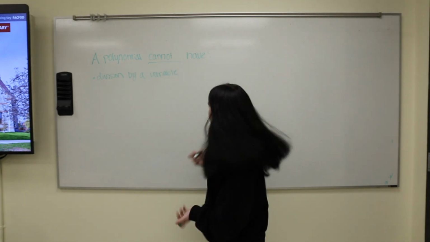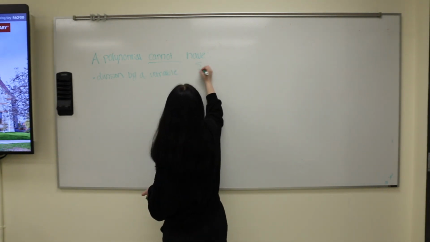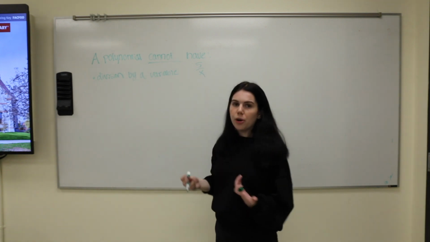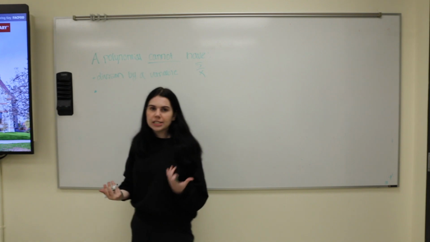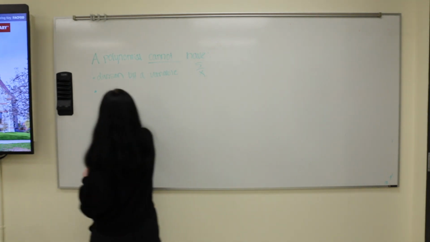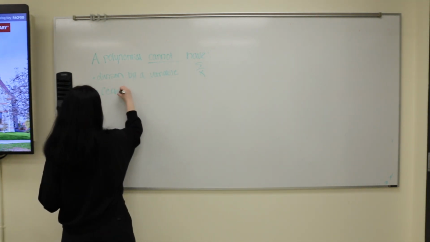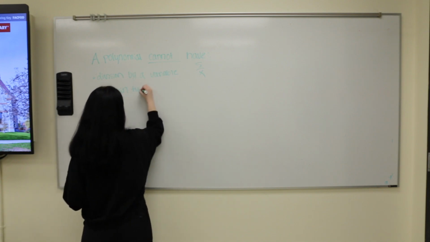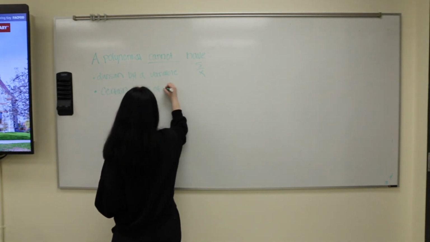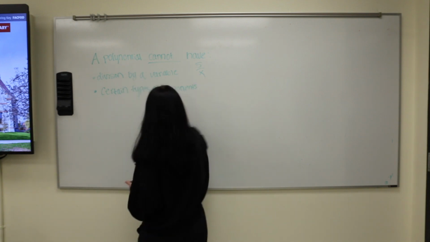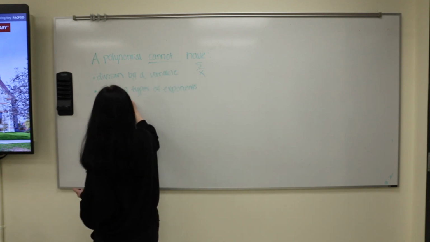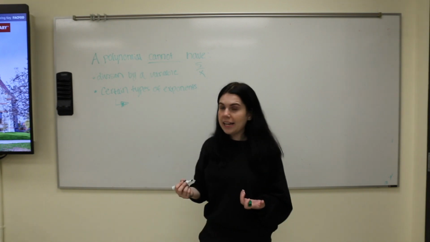So this would be something like 5 divided by x. A polynomial also has certain types of exponents that it can't have. So the first type is a negative exponent.